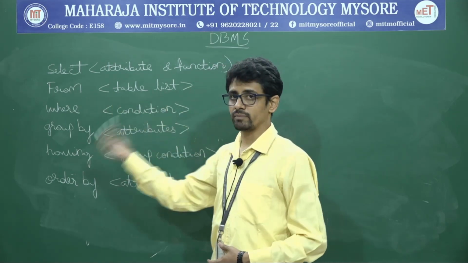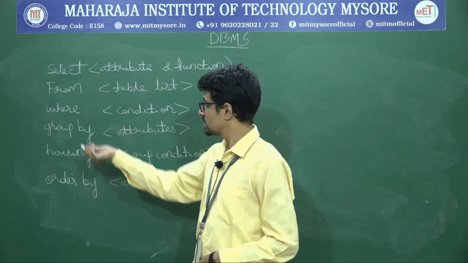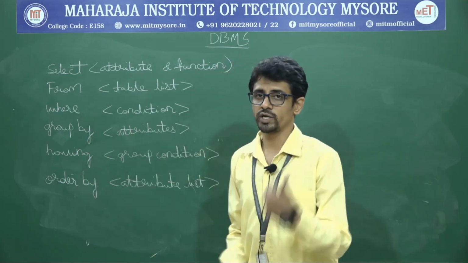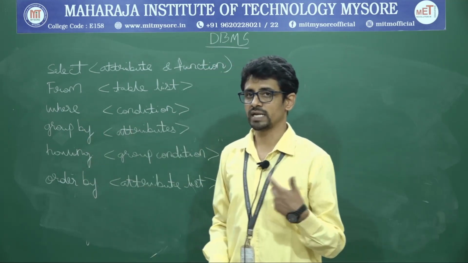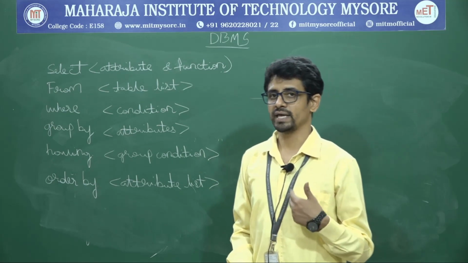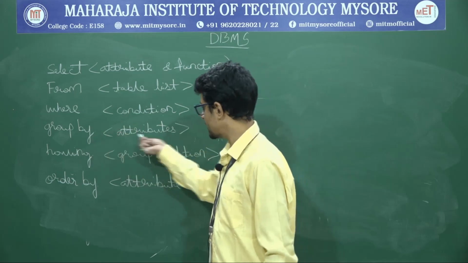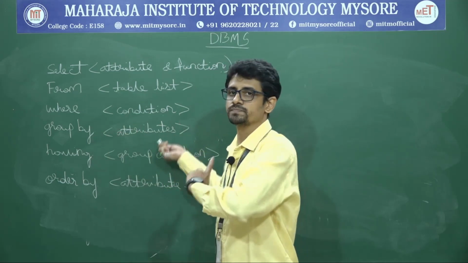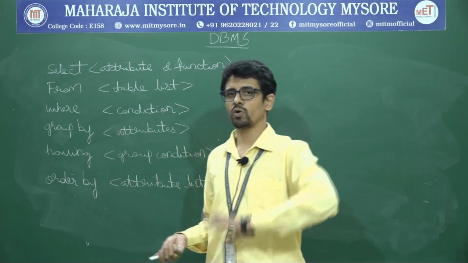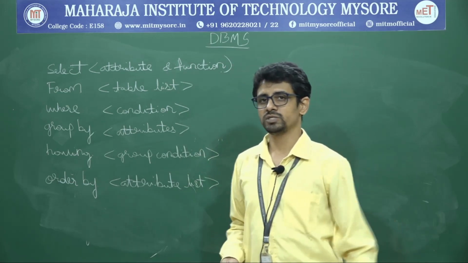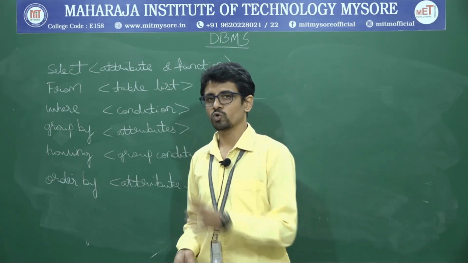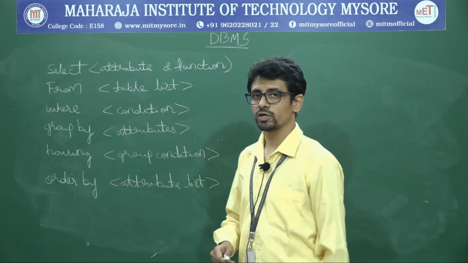From takes the table list, always with table names and aliasing. In where, the conditions, either the joining condition or conditions like salary more than 40,000, working in research department, and so on, can be given in the where clause. Then group by takes an attribute or attributes, okay? It depends on what you want in the select clause. Based on that, you can have a single attribute or a group of attributes in the group by clause.